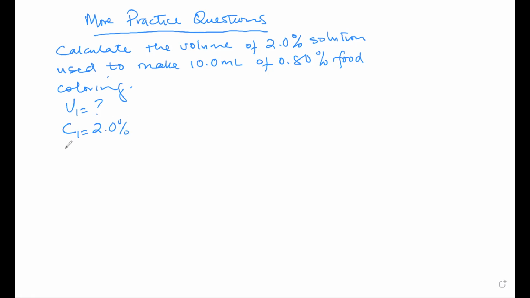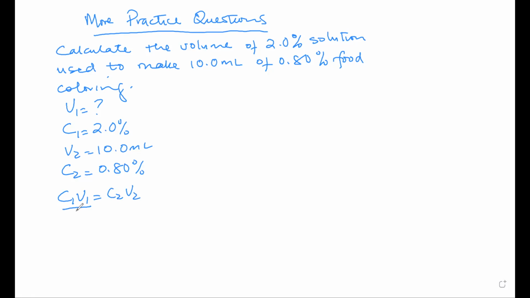Used to make the final volume we want to prepare, 10.0 ml, and then final concentration is 0.80%. When it's dilution, we always go from higher concentration to lower concentration. So C1, V1, C2, V2.